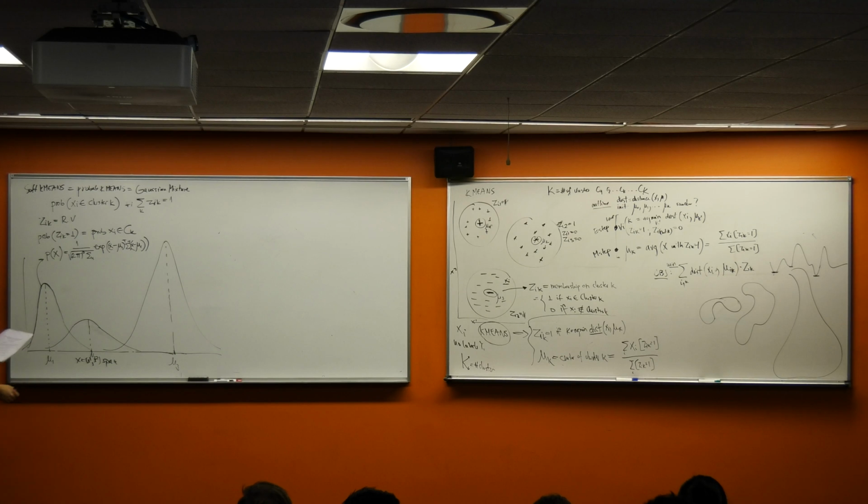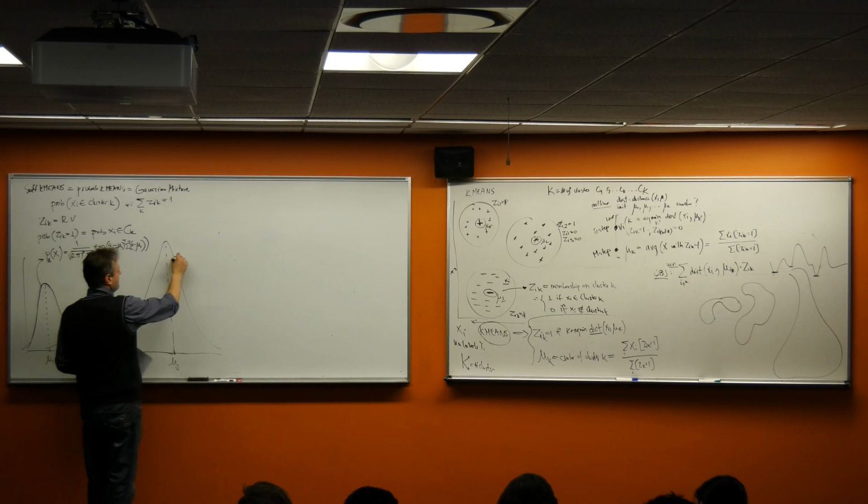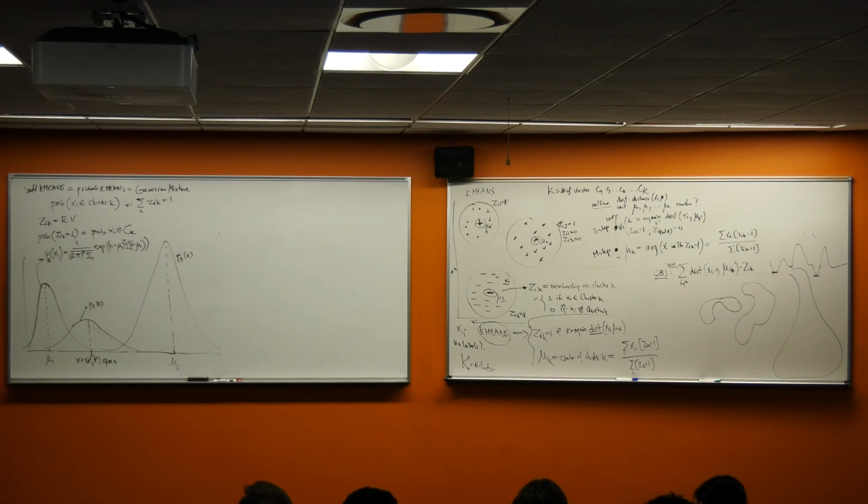So this is P1. This is the probability on this curve. Similarly in here, this is another probability, P2 of X. And this is P3 of X. So I model P1, P2, and P3 with Gaussian functions. That's why they look like Gaussians.